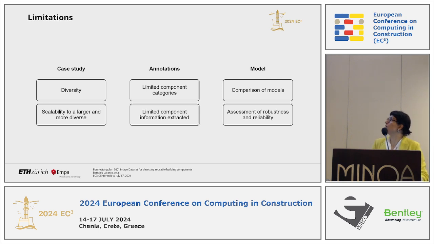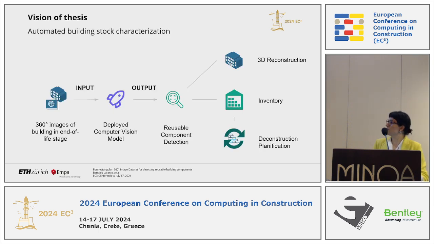And finally, we need to compare this initial model to other models and need to assess the robustness and reliability. Addressing these limitations can hopefully help us progress towards an automated building stock characterization in a more circular AEC sector.